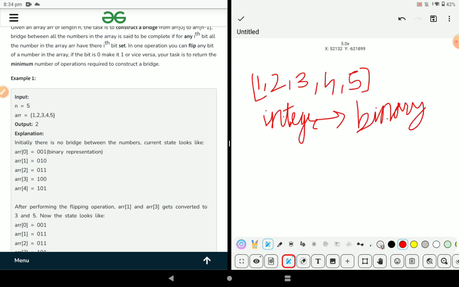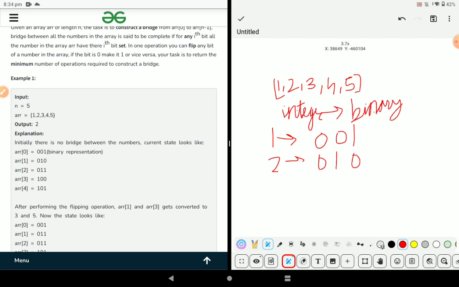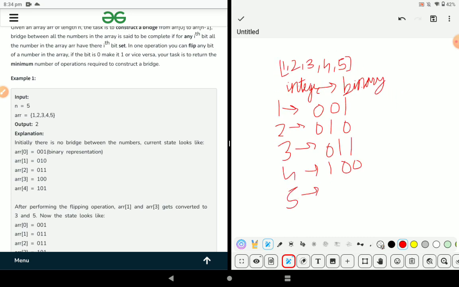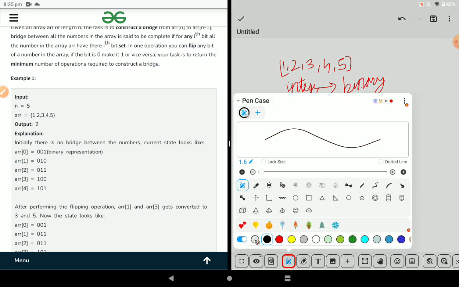For 1 it is 0 0 1, for 2 it is 0 1 0, for 3 it is 0 1 1, for 4 it is 1 0 0, and for 5 it is 1 0 1.